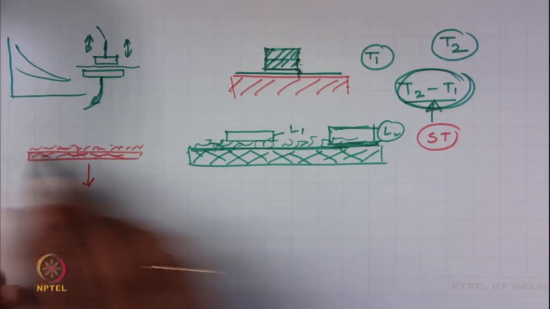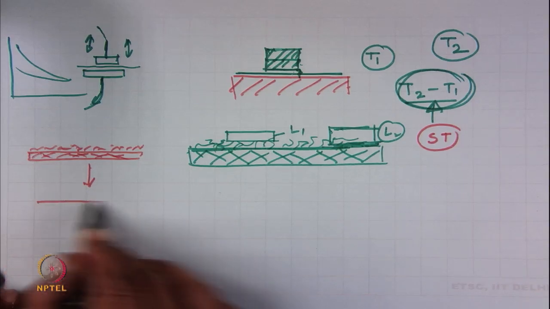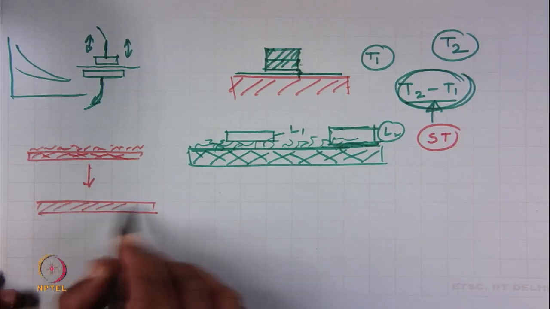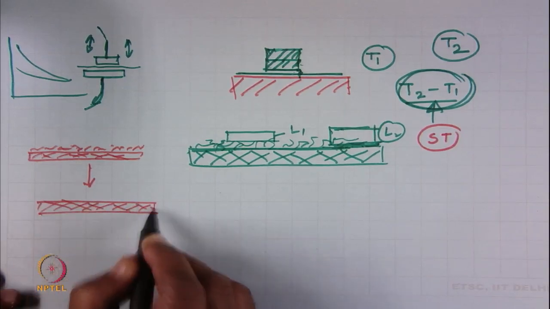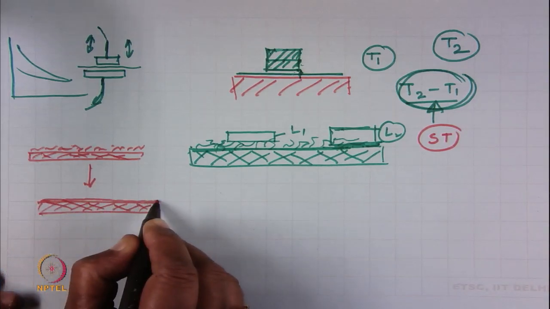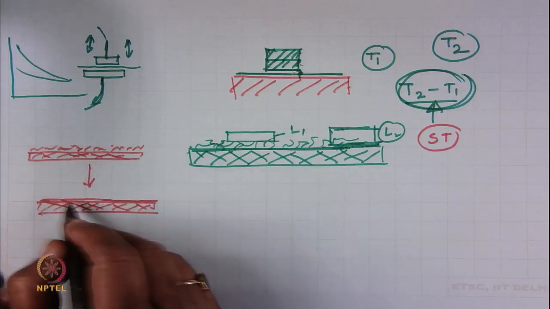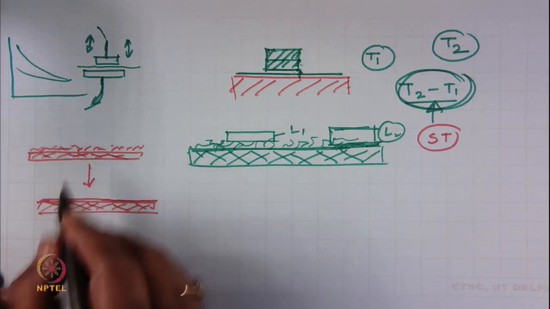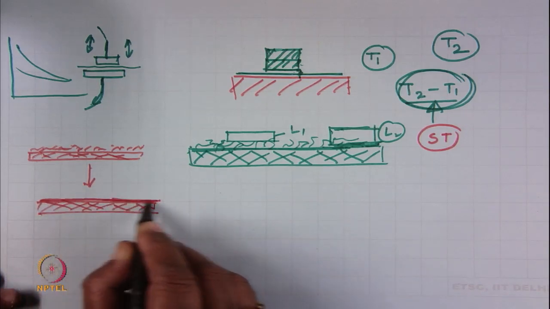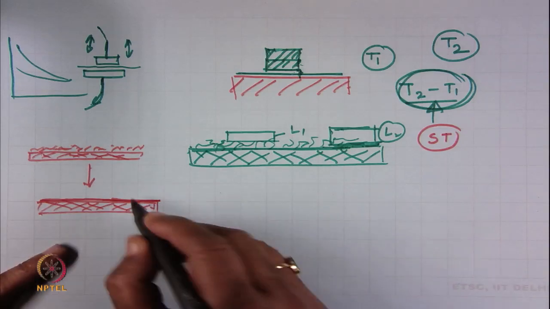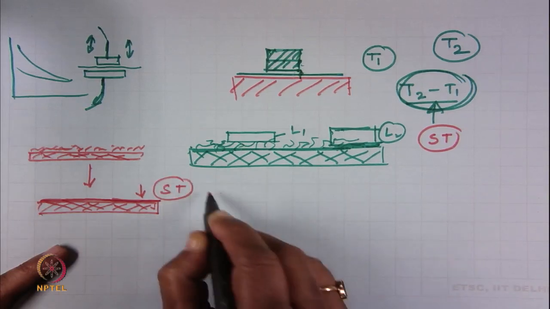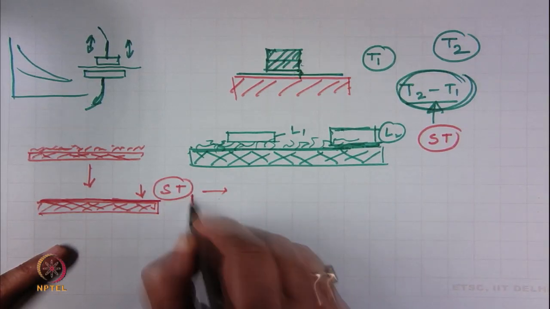We have coated the fabric with some coating material, where all this hairiness has come under this coating. Now, if we measure the surface thickness ST here, we will get a value, say ST1.